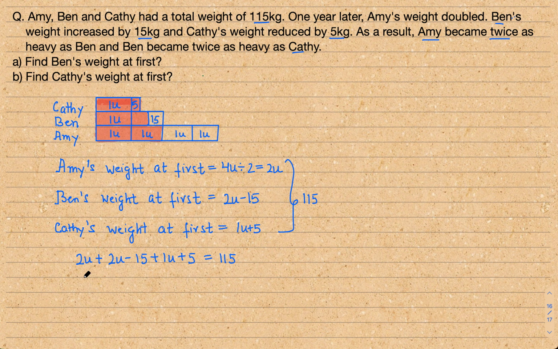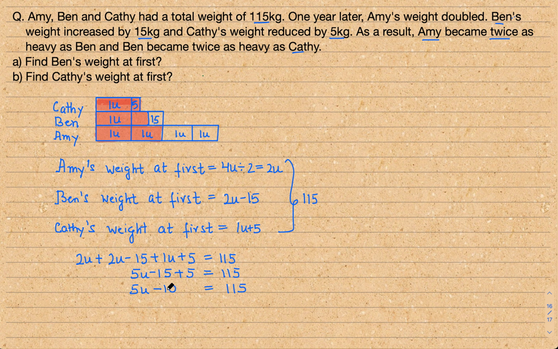Now this 2 units, 2 units and this 1 unit will be 5 units. And this minus 15 plus 5 will give me minus 10. So 5 units minus 10 will be 115.